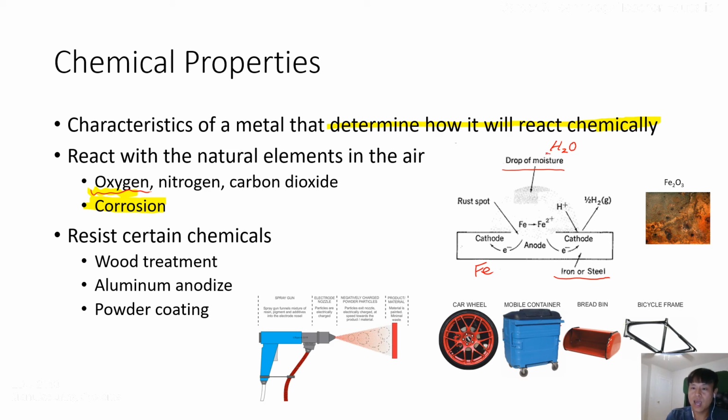Once moisture gets into the iron, then the oxygen meets the ferrous. Then it becomes two ferrous and three oxygen, Fe2O3.